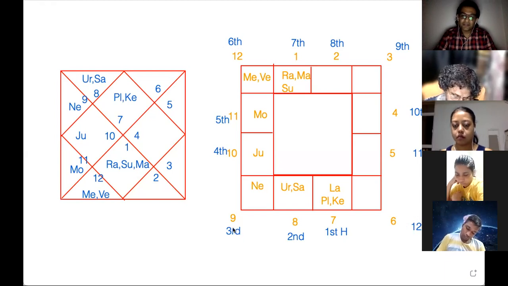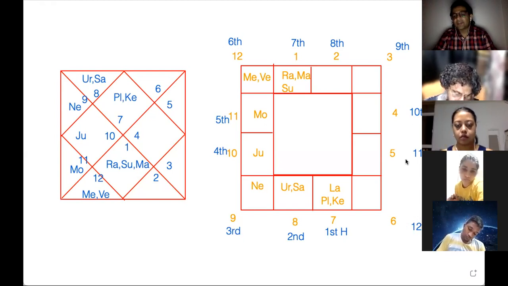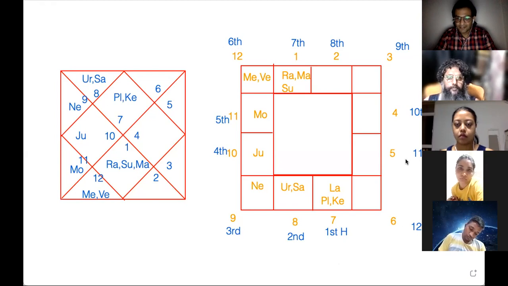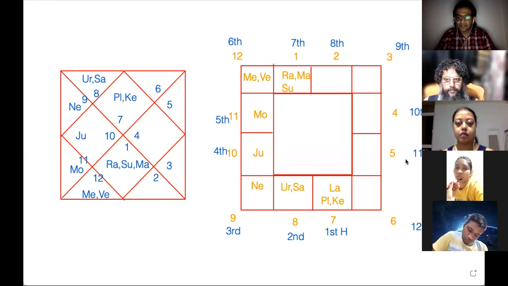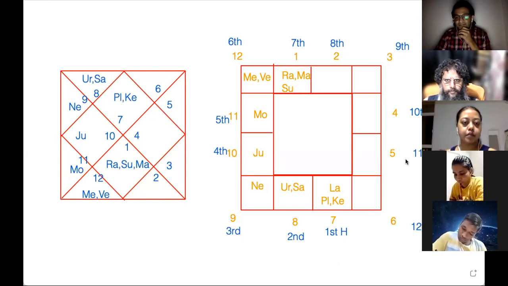This configuration is for me, yours may be different, based on the position of the Lagna. Then only you will be able to know which is the first house. Sudhir asks, will houses also go clockwise only? Houses will also go clockwise only.